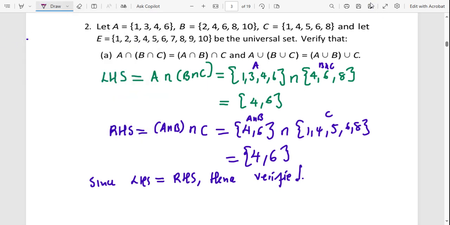So for the second one, now I'm going to ask you to do it. So answer A union B union C, which is equal to A. Oh, the first one. Okay, this bracket is not here.